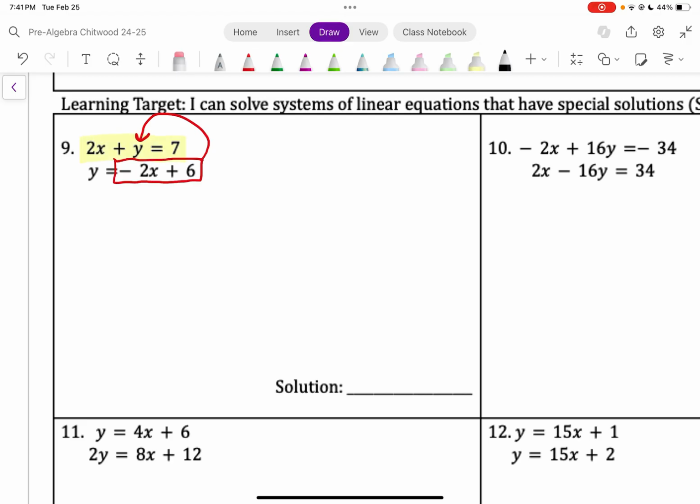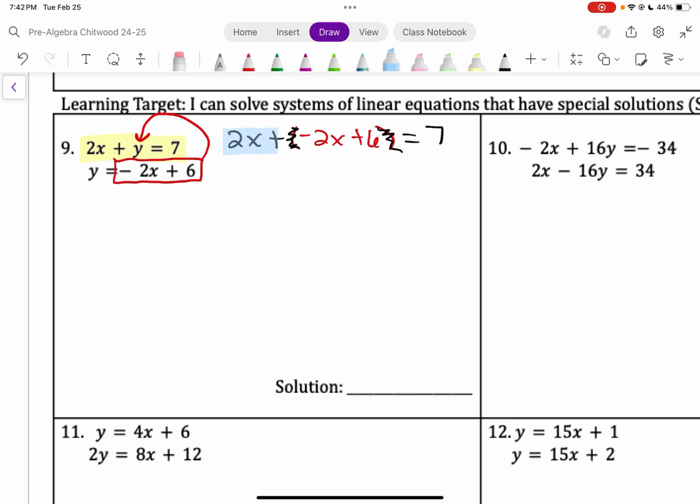So I'm going to rewrite that top equation as 2x plus, then in parentheses, negative 2x plus 6 equals 7. Now I'm able to just drop these parentheses. I don't have to distribute anything.